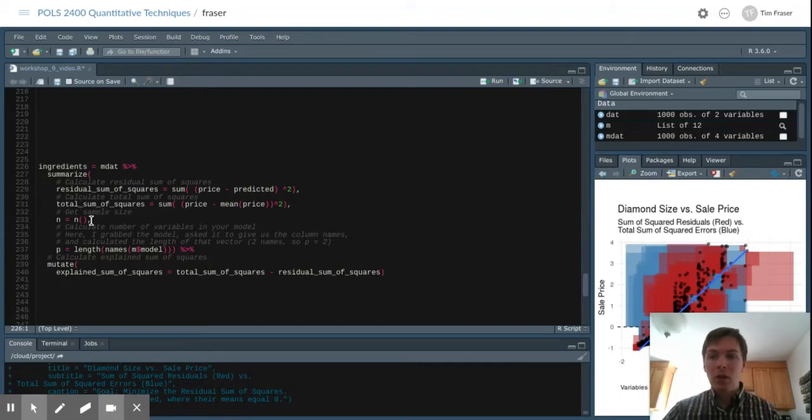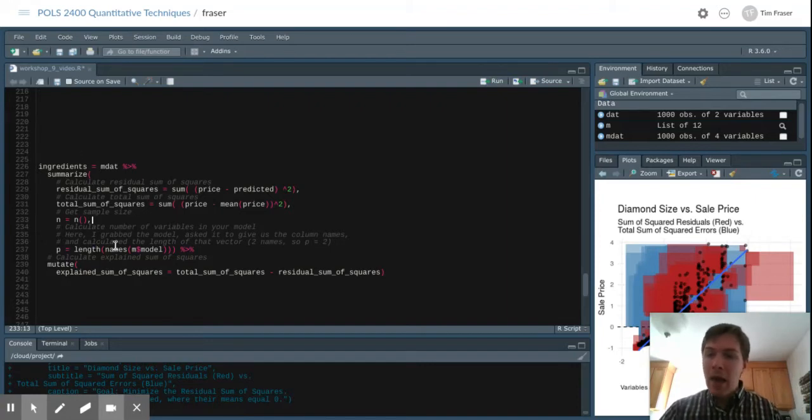We can also get the sample size, so the number of diamonds, and the number of variables in our model, which I am grabbing using this code. I'm saying, find the column names of our model, and tell me how many names there are. So price and carat. So p equals 2.